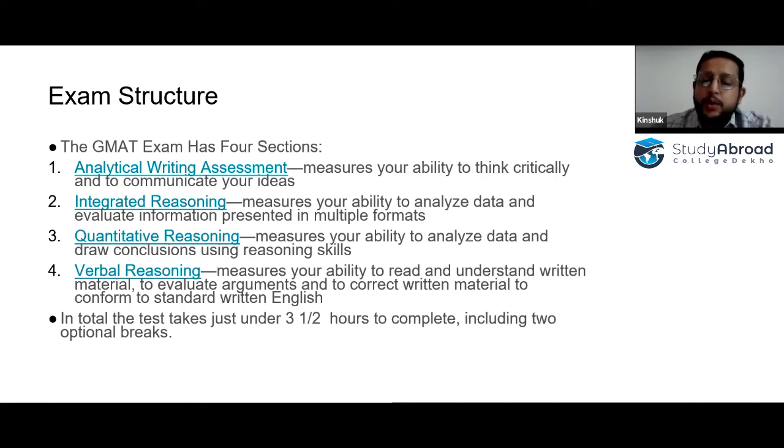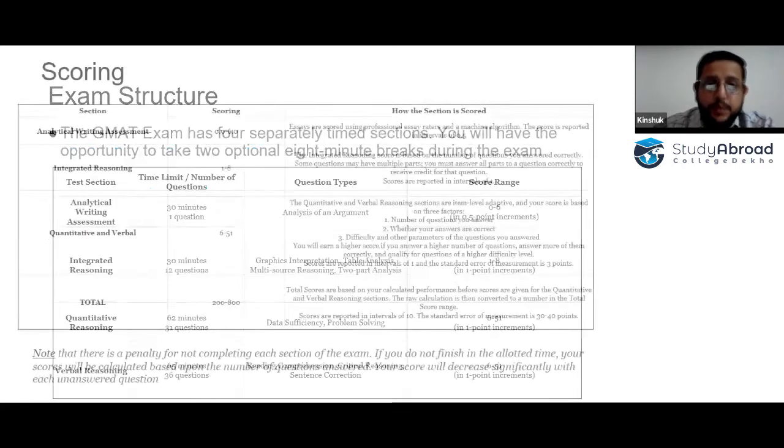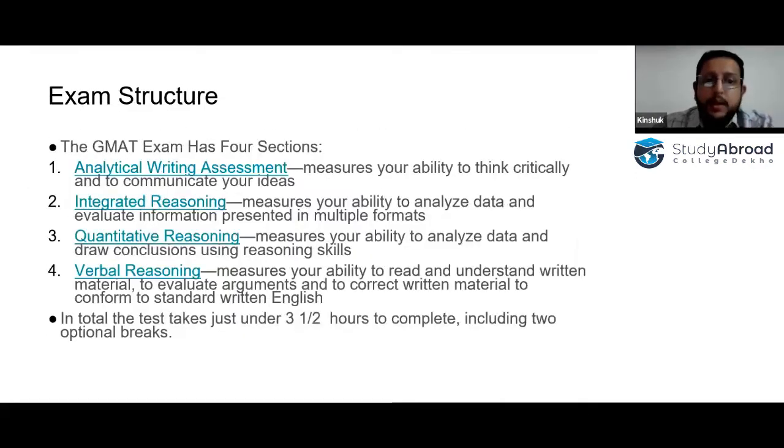And then we come to the verbal reasoning part. Verbal reasoning basically tests your understanding of the English language, to read and understand quickly, to critically analyze it and come to a conclusion. Here there are 3 types of questions: reading comprehension, critical reasoning, and sentence correction.